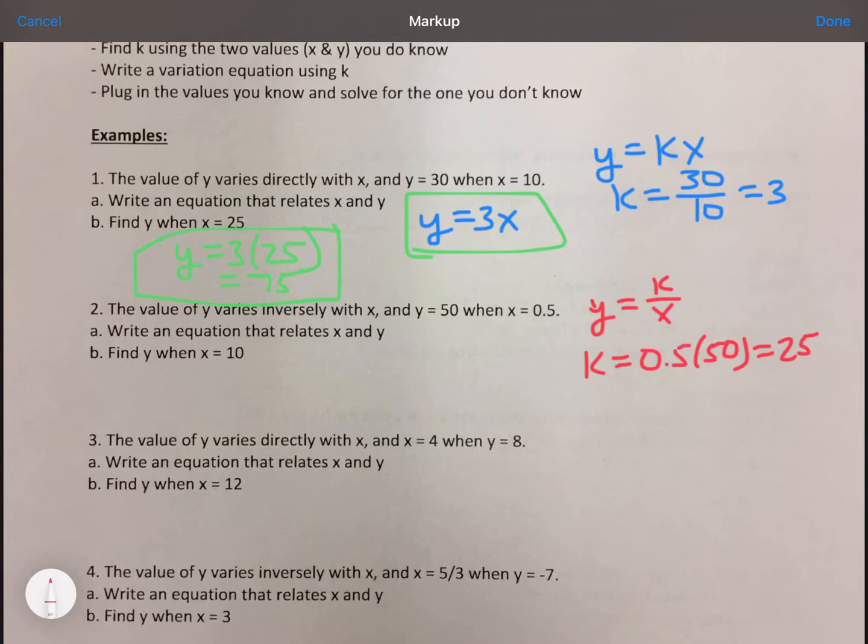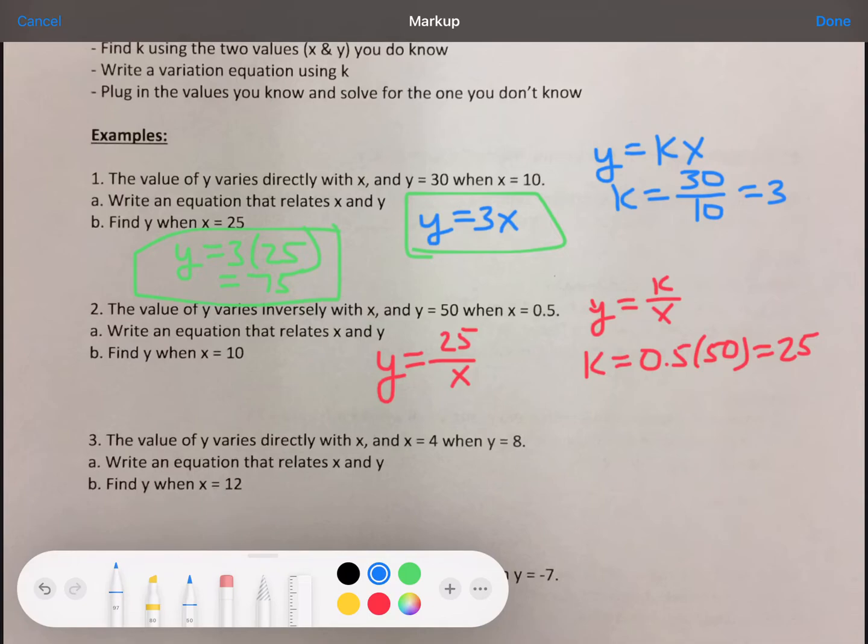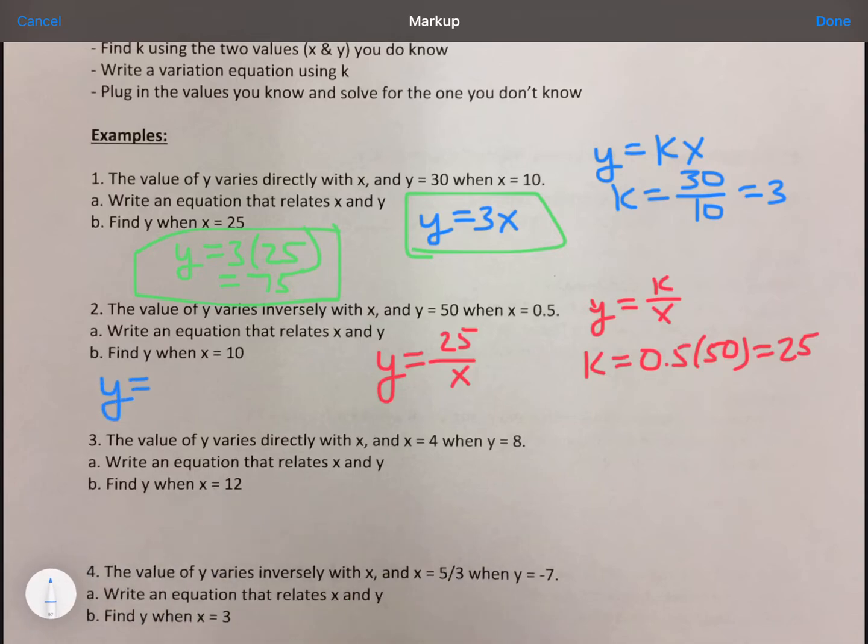So the equation that relates the two is y equals 25 over x. Now I want to find y when x equals 10. So y equals 25 over 10, or y equals 2.5.